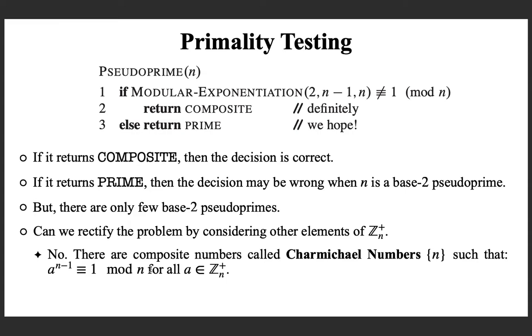So these are very difficult numbers to check. They satisfy this Fermat equation for all values of A in this set, but still it is non-prime. So you cannot completely rectify this problem. I hope you are getting it. Examples of Carmichael numbers are here.